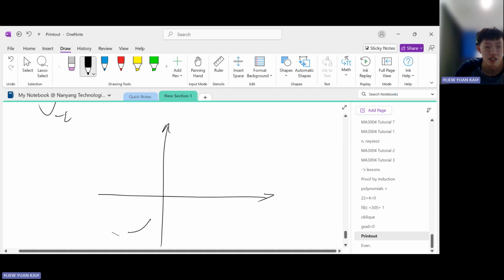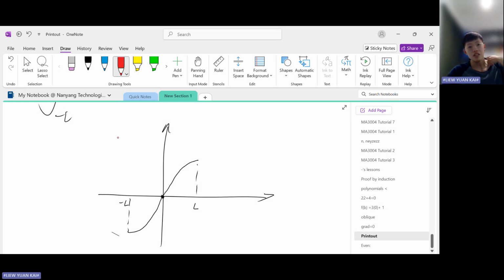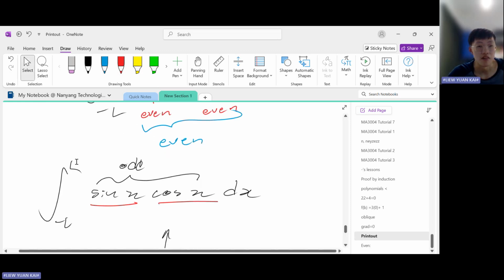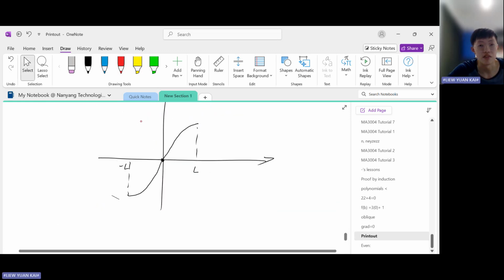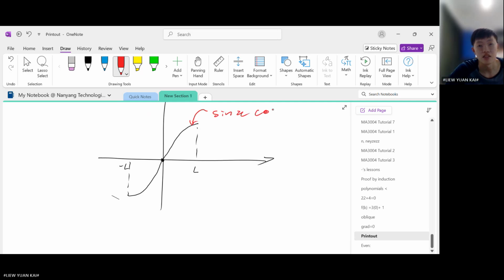So let's say it looks like this. This is negative L, this is positive L. Integrating from negative L to positive L of this graph, this represents sine x cos x. It's not accurate, I'm just simply drawing. But the most important property that you must retain is that it is rotationally symmetrical about the origin.